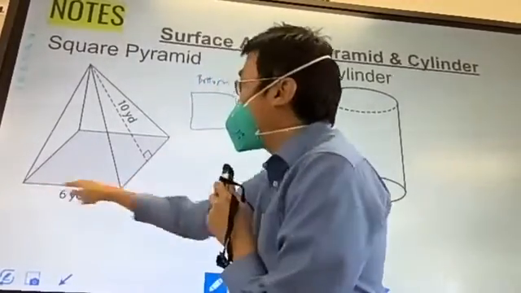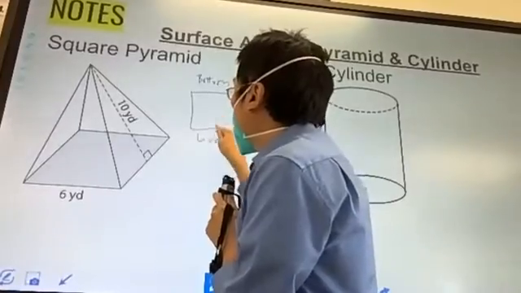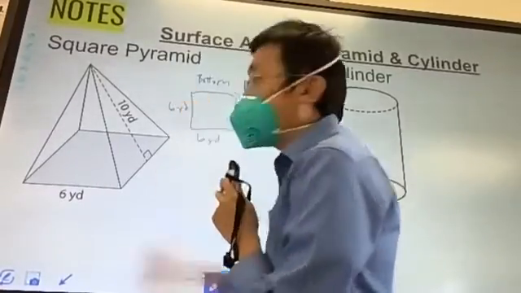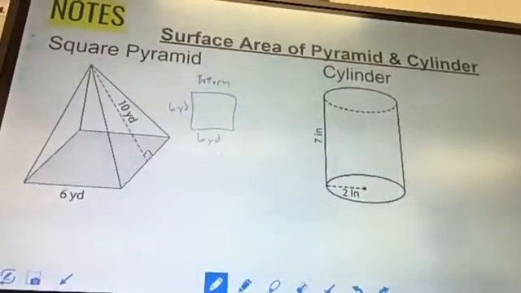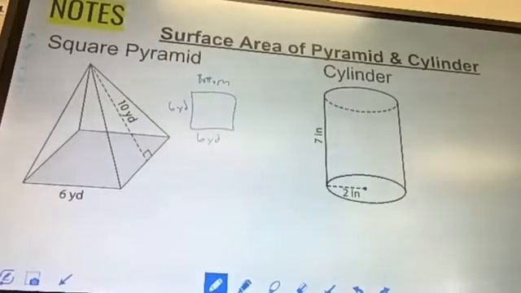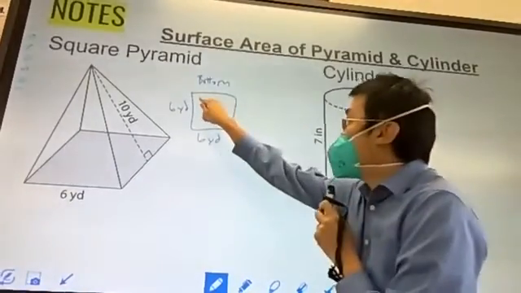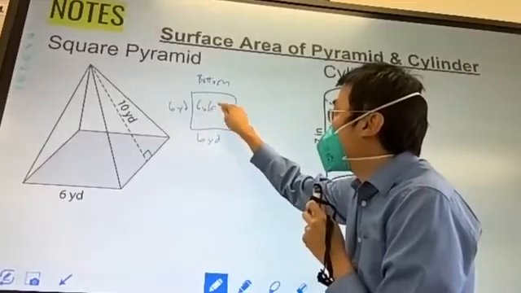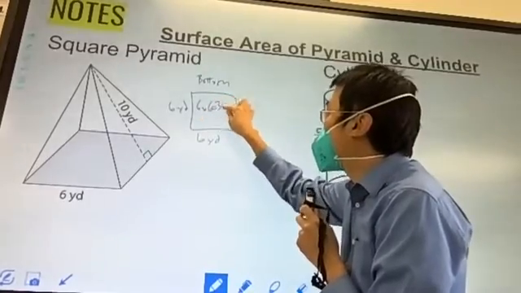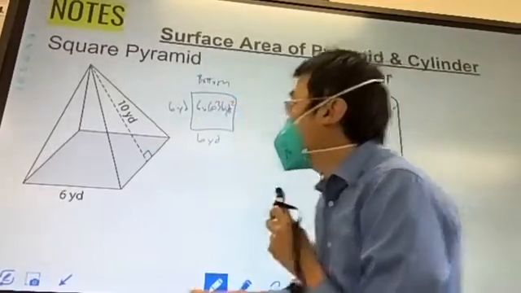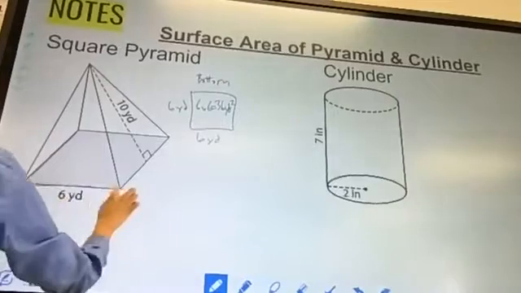Square, and the measurements are 6 yards by 6 yards because the square has all equal sides. And 6 yards times 6 yards is going to give us 36 yards squared. And I'll highlight that on the square pyramid as well.